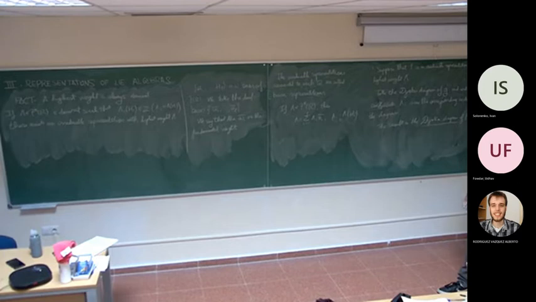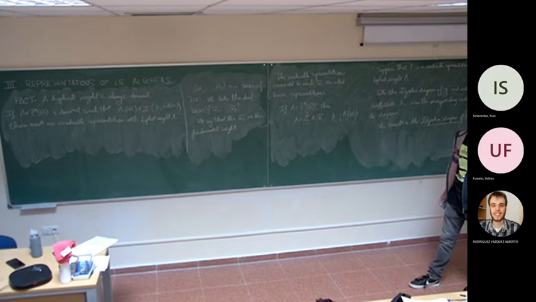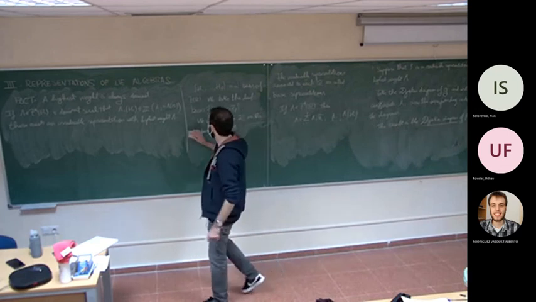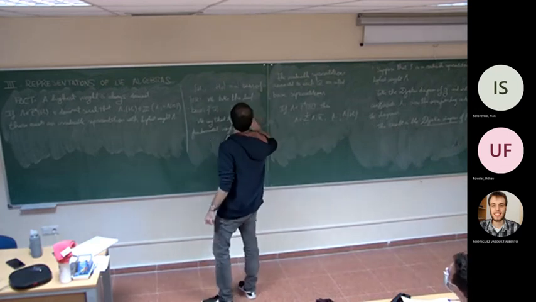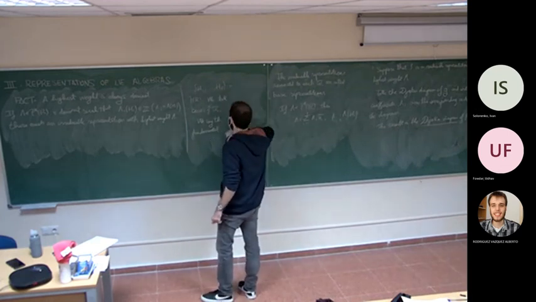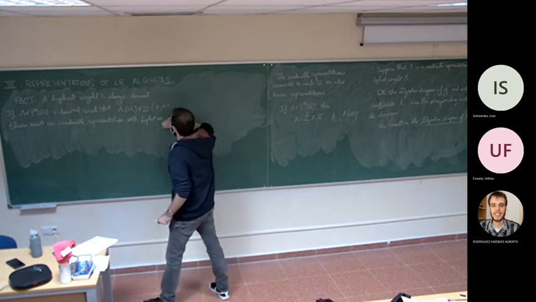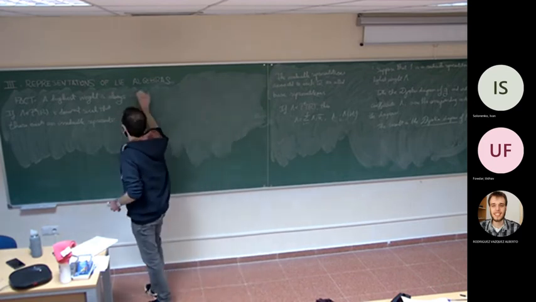In the sense that these are elements of the dual space. But these aren't roots. Maybe by taking the Weyl chamber you can do it, but now I'm not sure. Thanks. No problem.